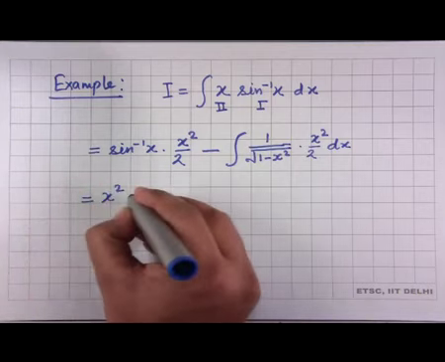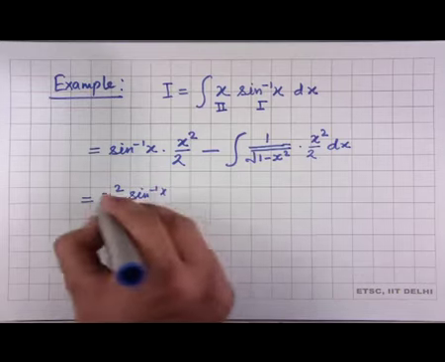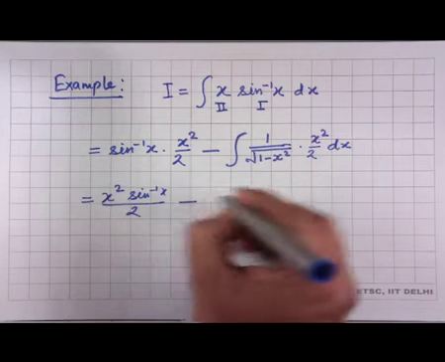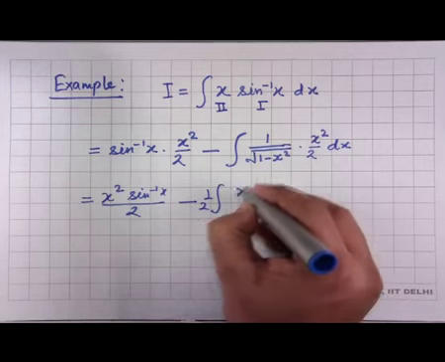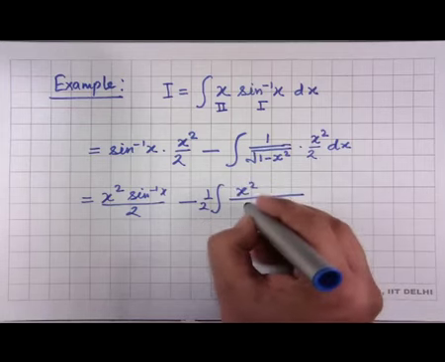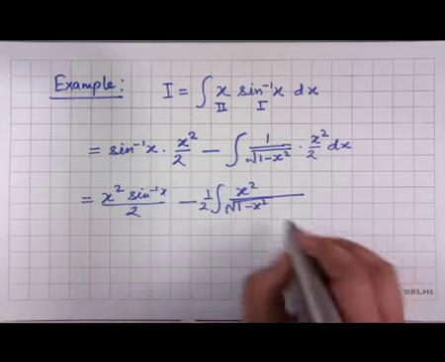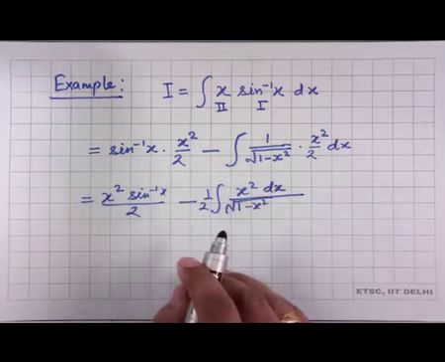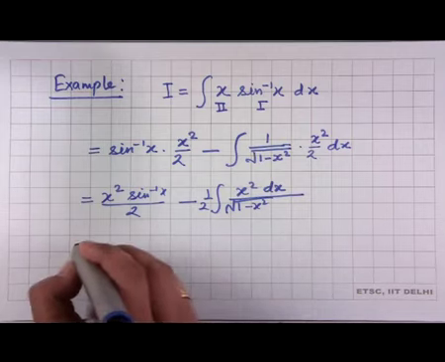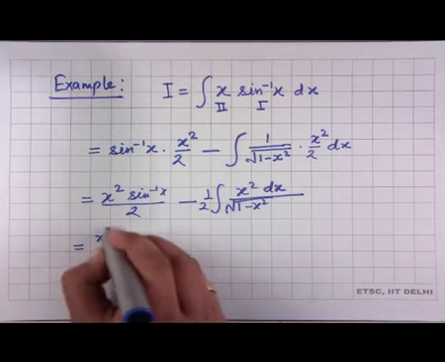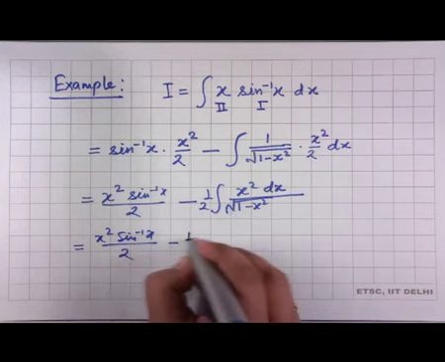So, this leads to x square sine inverse x by 2 minus 1 by 2 integration of x square over square root of 1 minus x square dx.